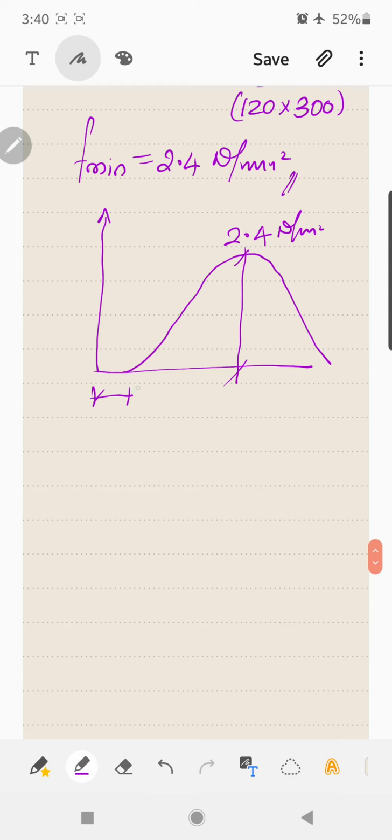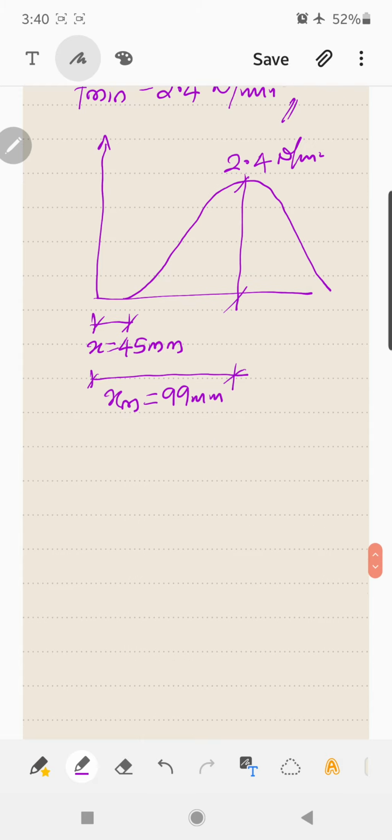The distance of zero stress is x equal to 45 mm, which we have got, the distance of maximum stress xm is 99 mm, and the total depth of the section is 300 mm. So this is the distribution.